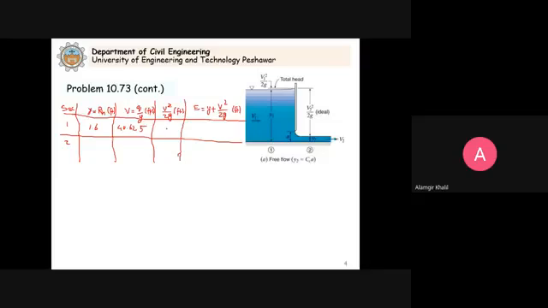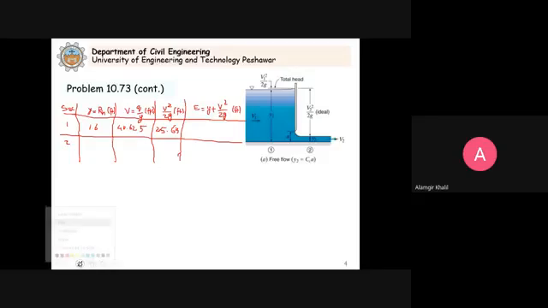Then you can calculate the velocity head, take care of the system of units. So this will be equal to 25.63, and then we can calculate the specific energy, which will be just the velocity head plus this depth of flow.